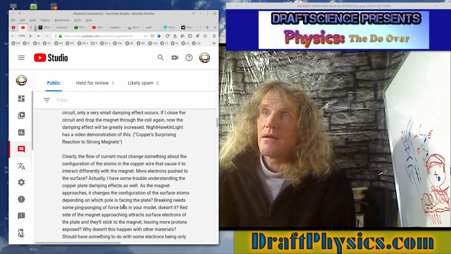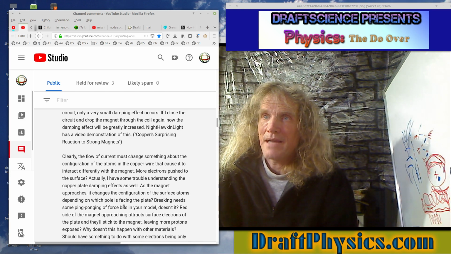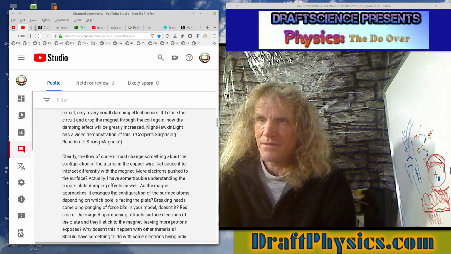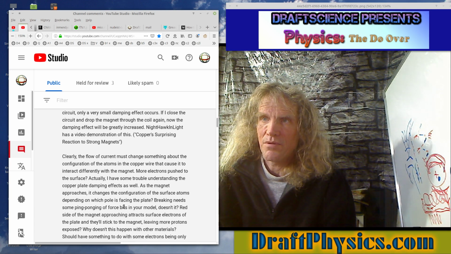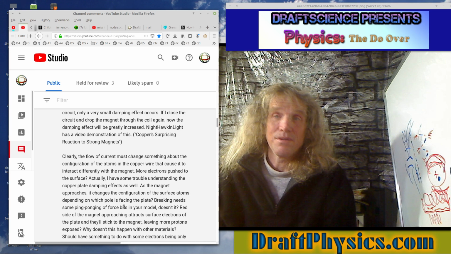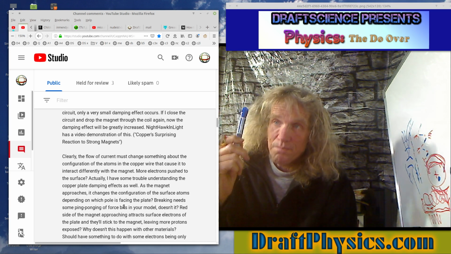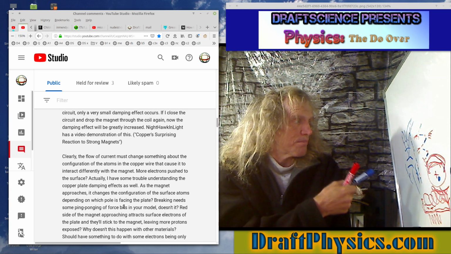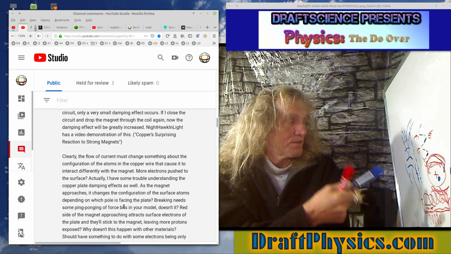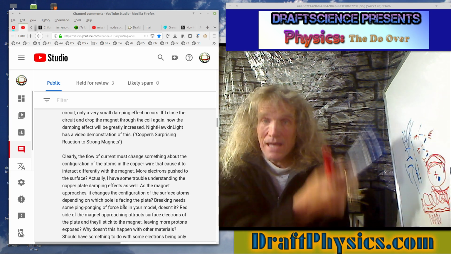As the magnet approaches, it changes the configuration of the surface atoms depending on which pole is facing the plate. So it's not only which pole is placing, what the pole is doing. What's really going to be important is what's the eddy current doing.